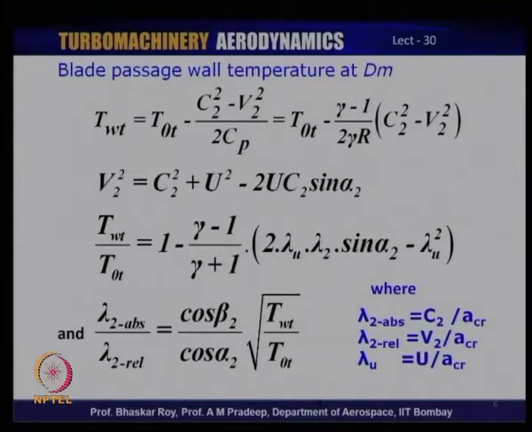So, these lambdas are normalized velocities with reference to a critical, similar to a Mach number based on a total temperature based sonic speed. This allows us to relate the lambda 2 ratio of absolute and relative to the wall temperatures, and of course, the relative and absolute flow angles at the stator nozzle exit.